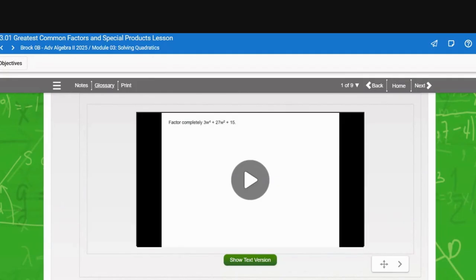All right, let's take a look at factoring this first polynomial. Ignoring the variables for a moment and looking at each term separately, ask yourself, what is the GCF of 3, 27, and 15? There are at least 2 ways to determine whether or not a group of numbers shares a GCF.